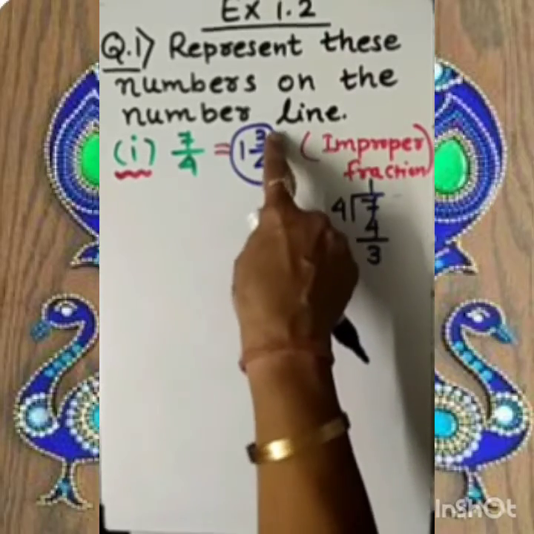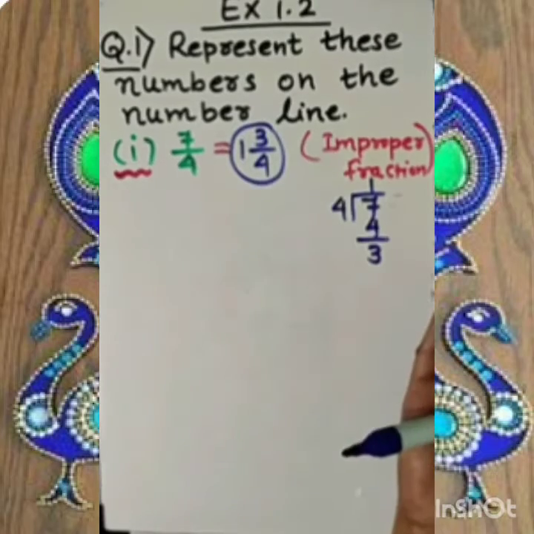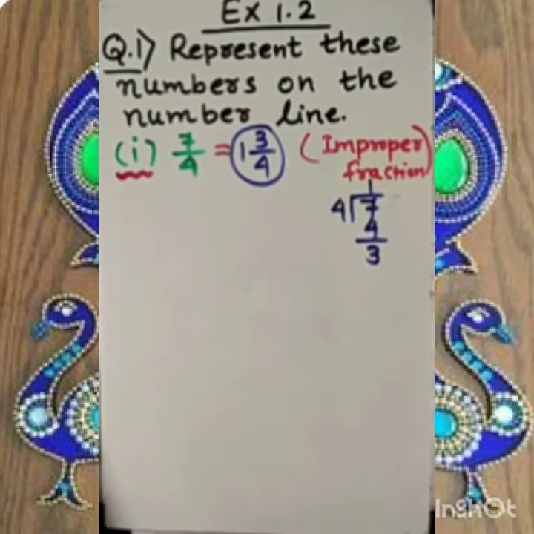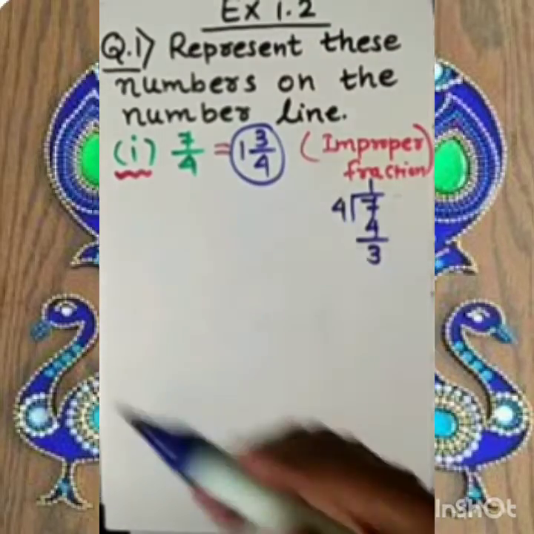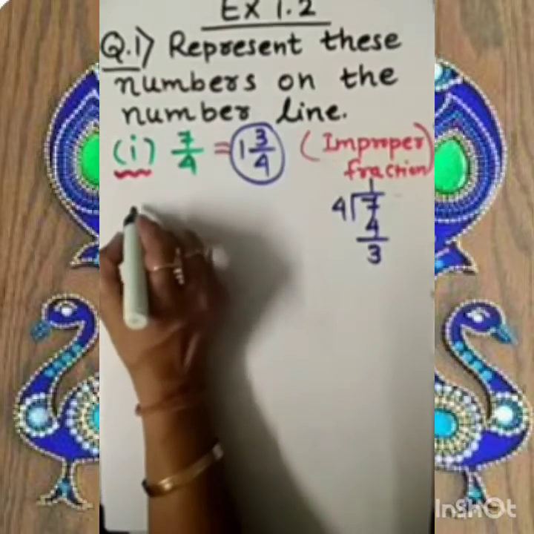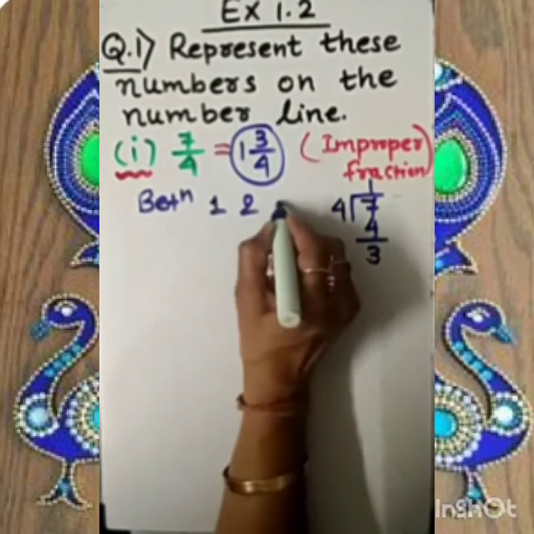Here we are having 1 plus 3 by 4. 1 3 by 4 indicates 1 plus something. It indicates that first you decide in your mind that the location of this number will be between 1 and 2.